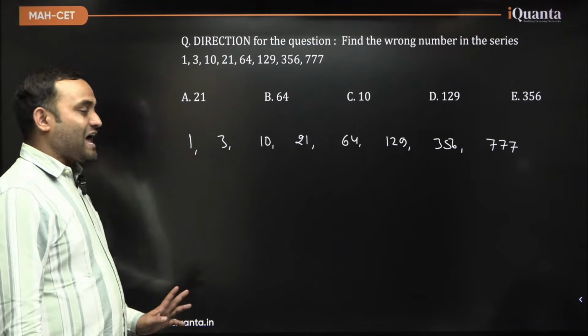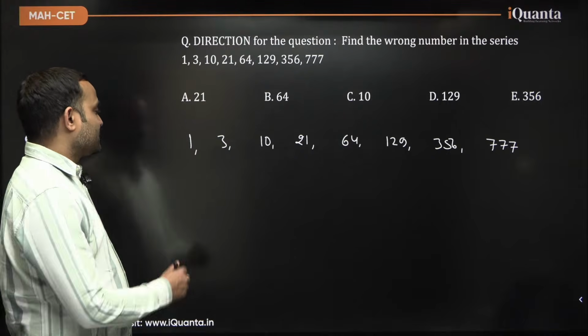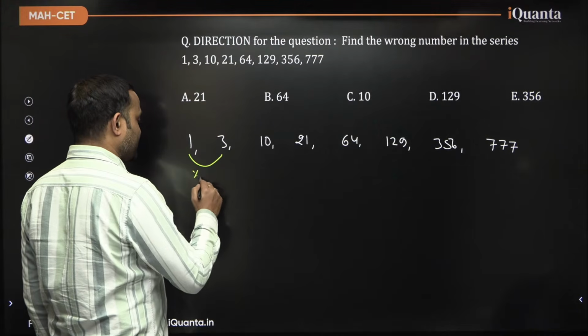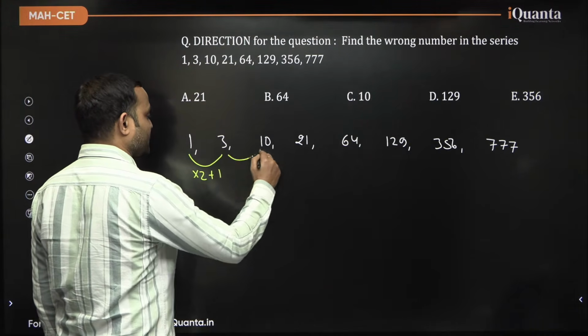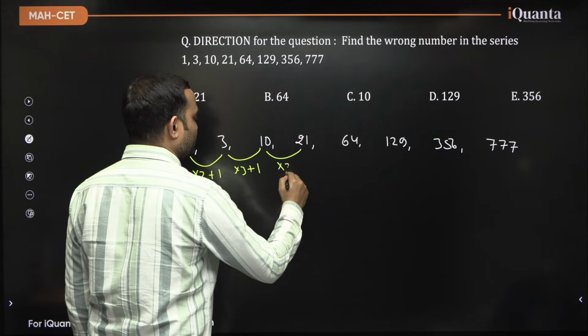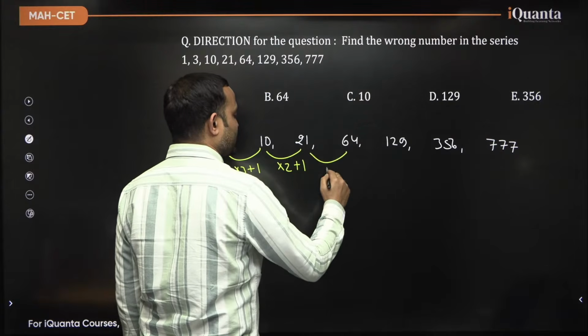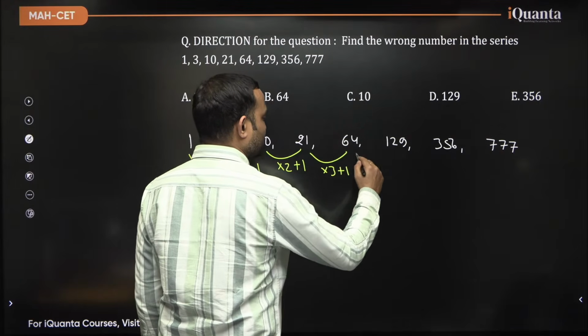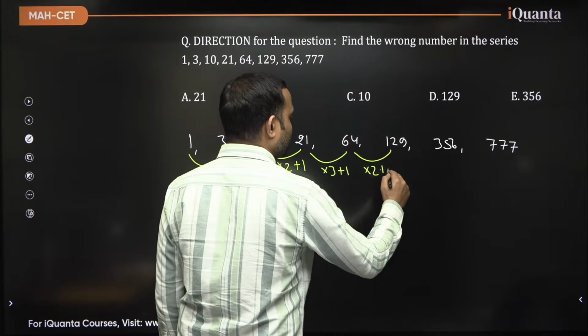See what is happening here. This number 1 to 3, I can get into 2 plus 1. 3 to 10, into 3 plus 1. Then again into 2 plus 1. Then again into 3 plus 1. Then again into 2 plus 1.